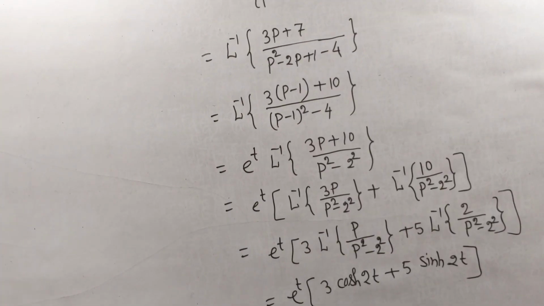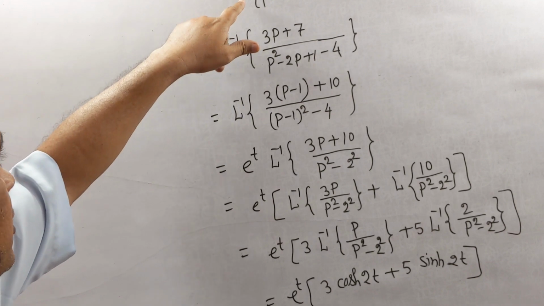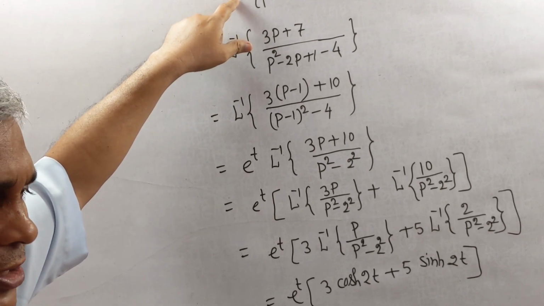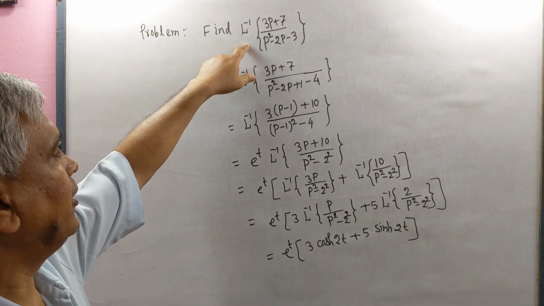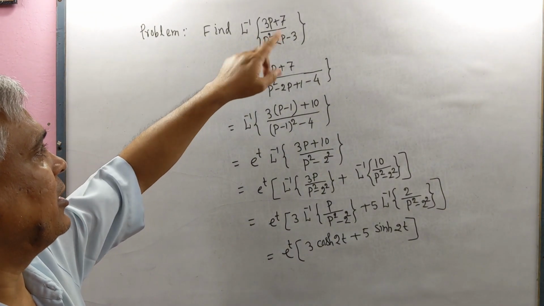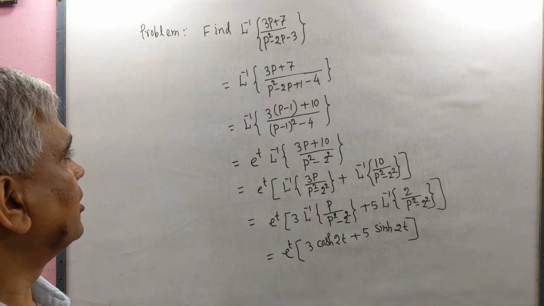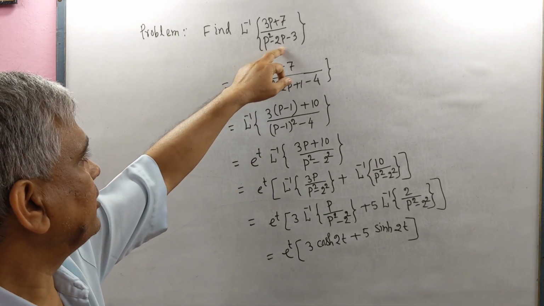Now we solve the next problem related to the first shifting theorem of inverse Laplace transformation. Here the given problem is L inverse (3p+7) by (p square minus 2p minus 3). So firstly we have to make it a square.